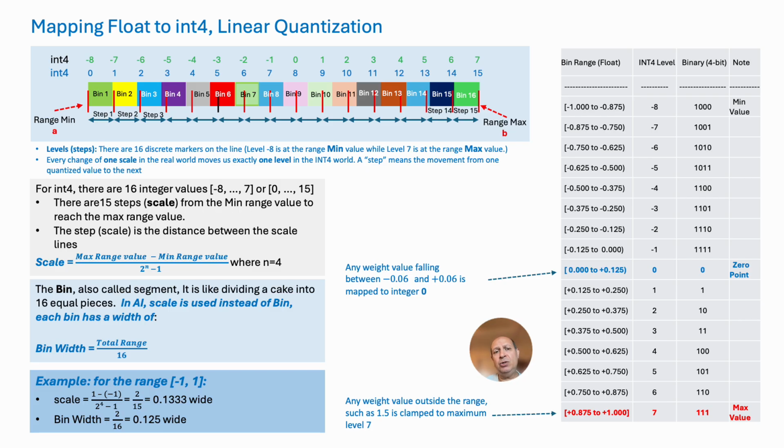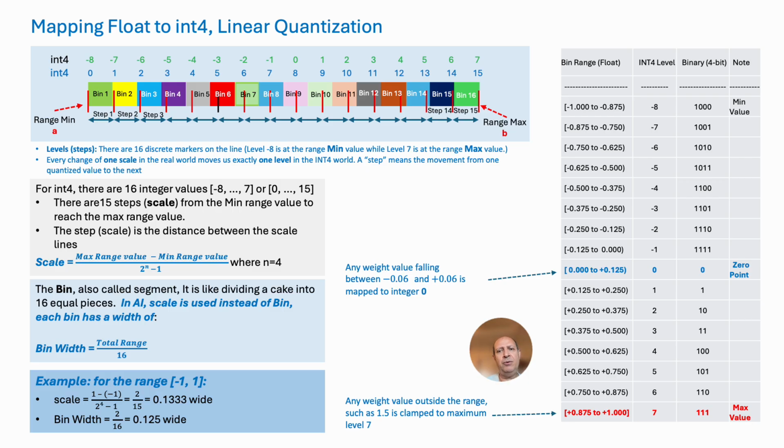The diagram below shows clearly the 16 quantized levels as well as the 15 steps from level -8 all the way to level 7. Note that every change of one scale in the real world moves us exactly one level in the int4 world. A step means the movement from one quantized value to the next.